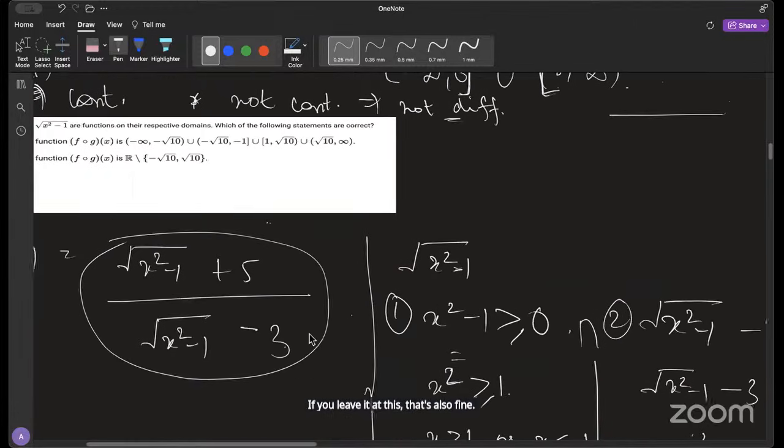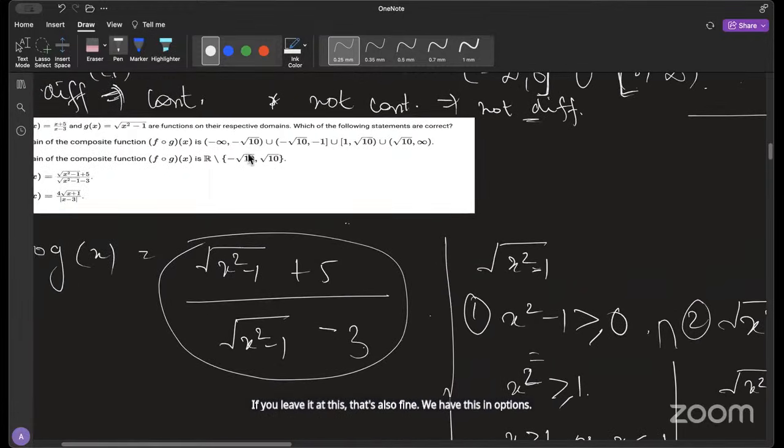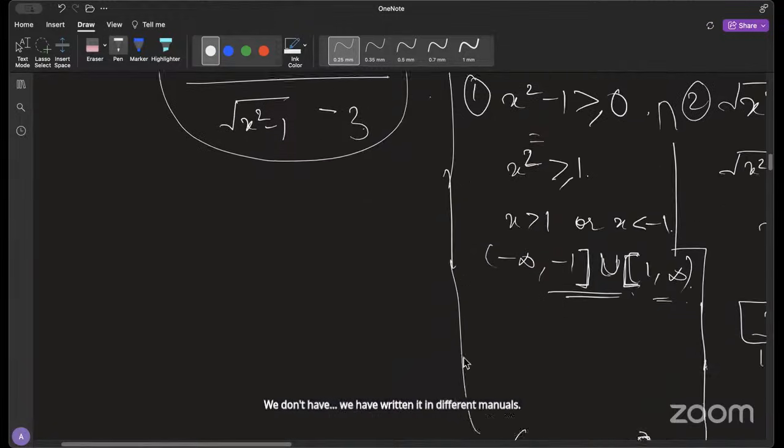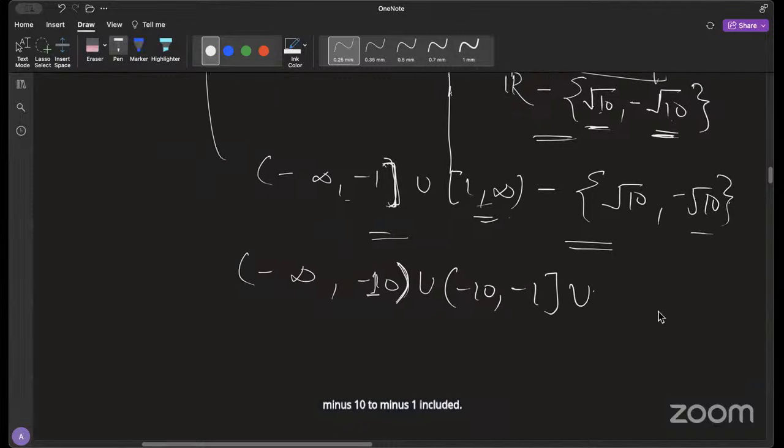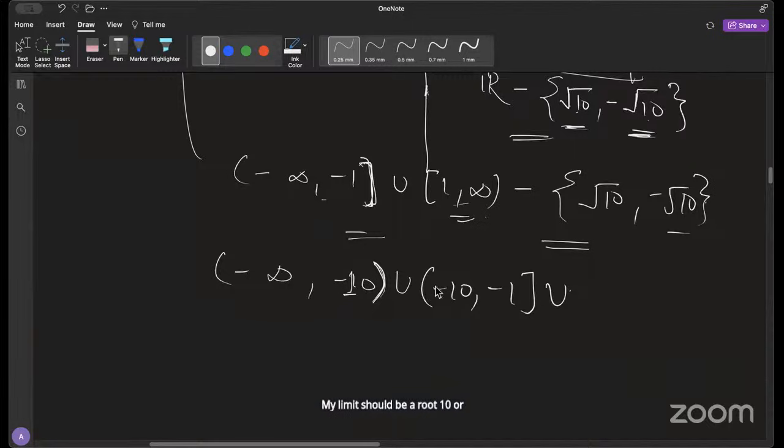Do we have this in options? We don't have, we have written it in a different manner. So let's write it in that manner. Minus root 10, not included. That's why we've used an open bracket here. Then union, minus root 10 to minus 1, included. Then it should be union, root 10. Yeah, sorry. Root 10, root 10.